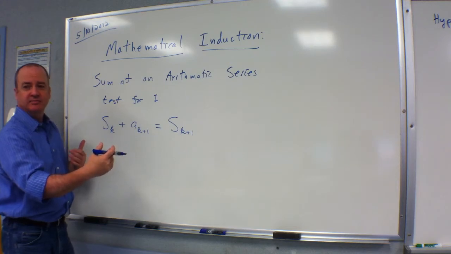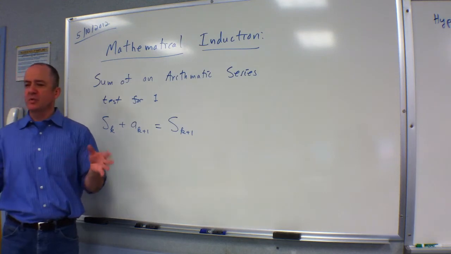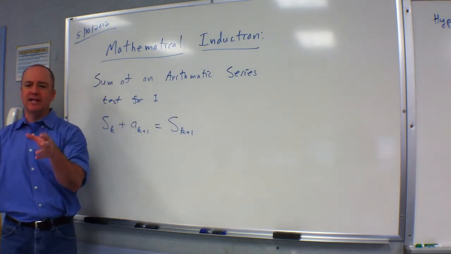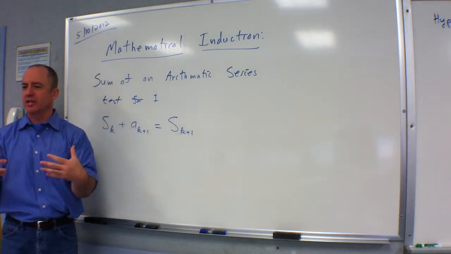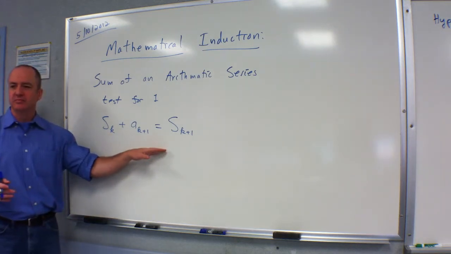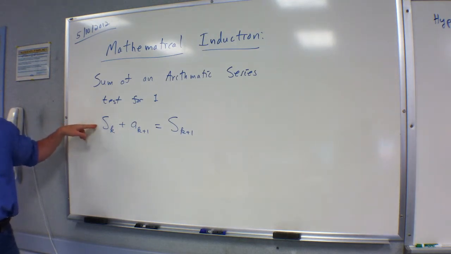Does that make sense? There's 6 of you in this class, the sum of 5 of your weights plus the 6th weight should equal the sum of all 6 of your weights, right? Yeah. Okay, this is a really general way to write that idea. And for any arithmetic series, what you'll do is you'll just test for 1 and jump right to proving this.